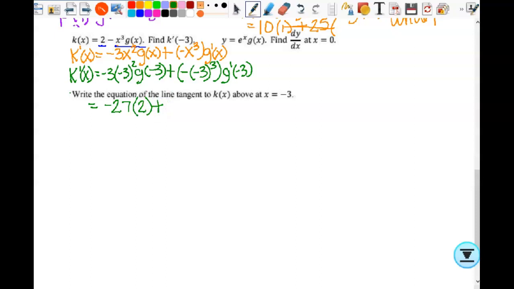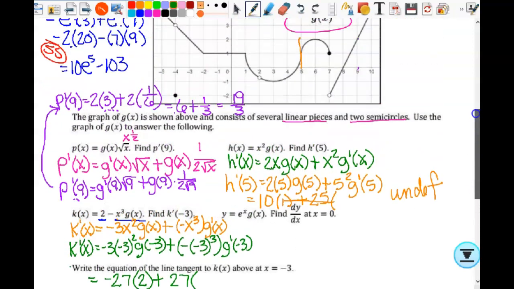You good? Yeah? You good that it's 2? Okay. Then what is negative 3 cubed? Negative 27. And then I make that negative and it becomes positive 27, right? Times g prime of negative 3.